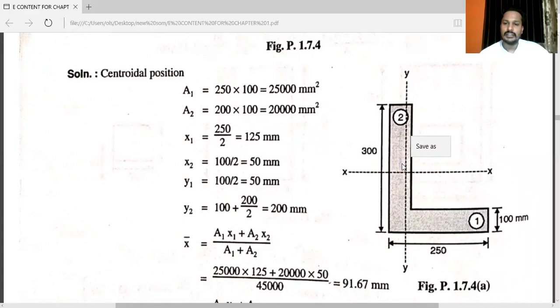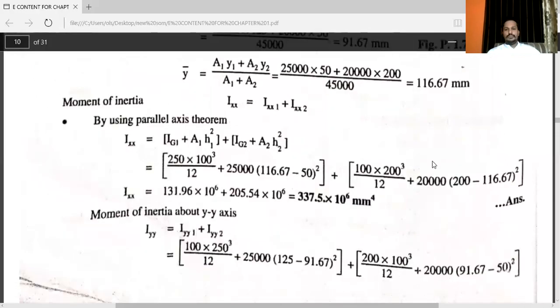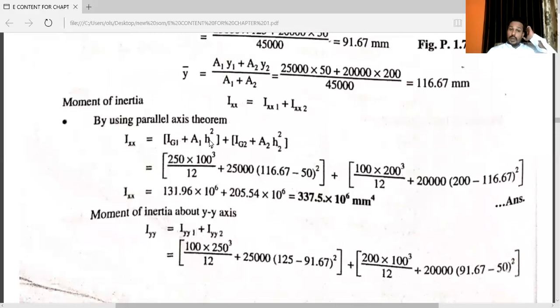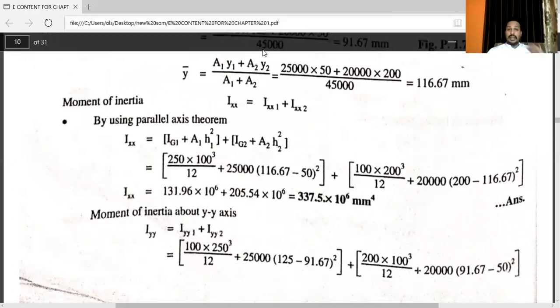You will get this distance, that is H2. So you can see here 200 minus 116.67. Again, I am explaining to you how to calculate H1 and H2.